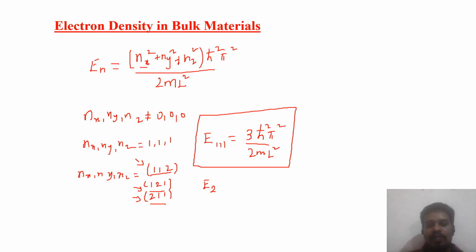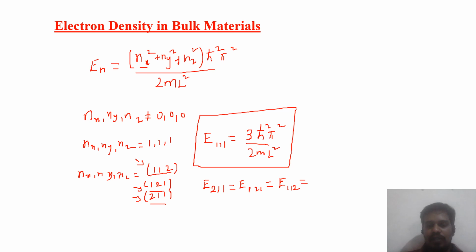That means suppose I am choosing E_211, that will be equal to the energy for the second state E_121, which should be equal to E_112.